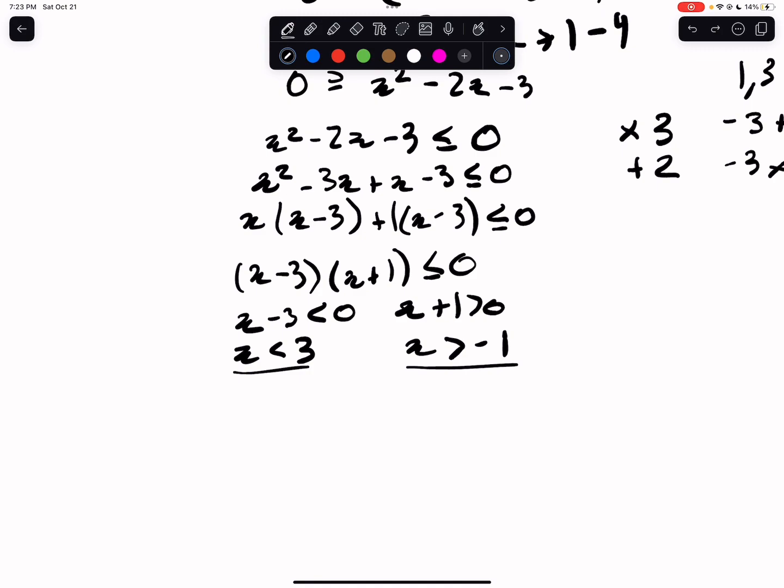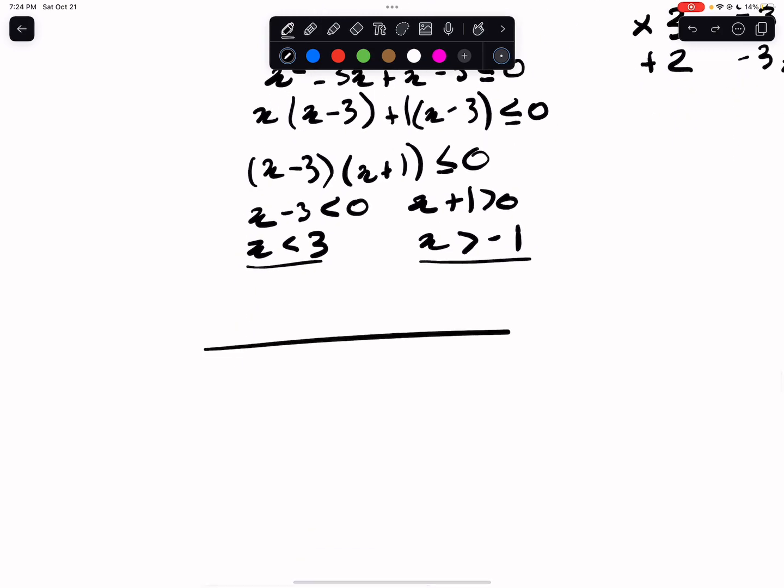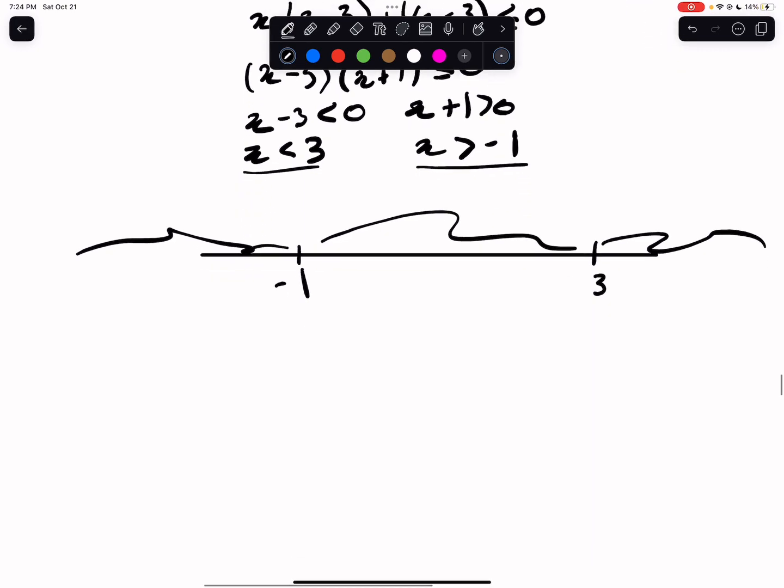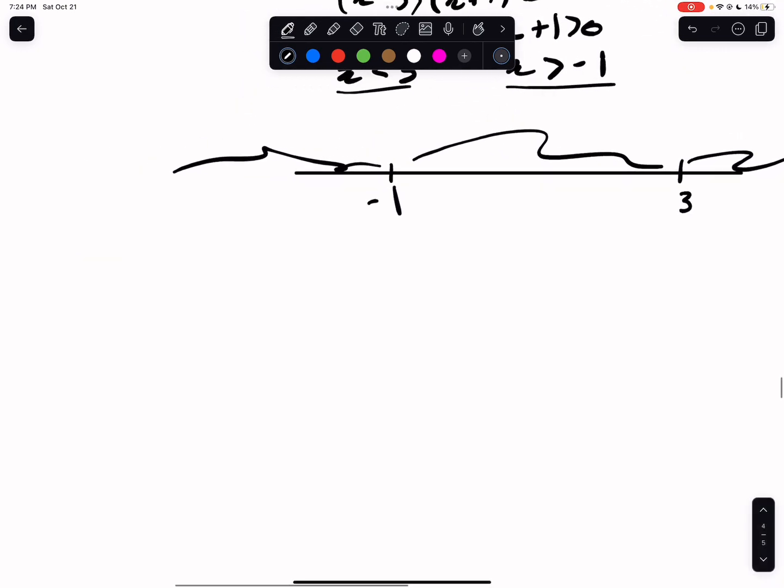So what you want to do now is that you know these values. We know that we can have 3 and minus 1. Okay, and there's minus 1, there's 3. Those are our two amazing numbers. You need to test something here, test here, and test in between, and we need to see what's the right answer.